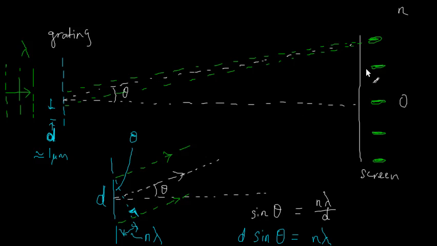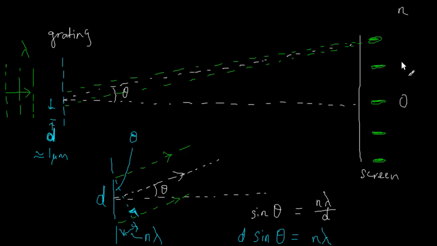For the next fringe, as we move up, the path difference will increase. The first time we get constructive interference, and therefore see a fringe, is when the path difference increases from 0 to 1 wavelength.